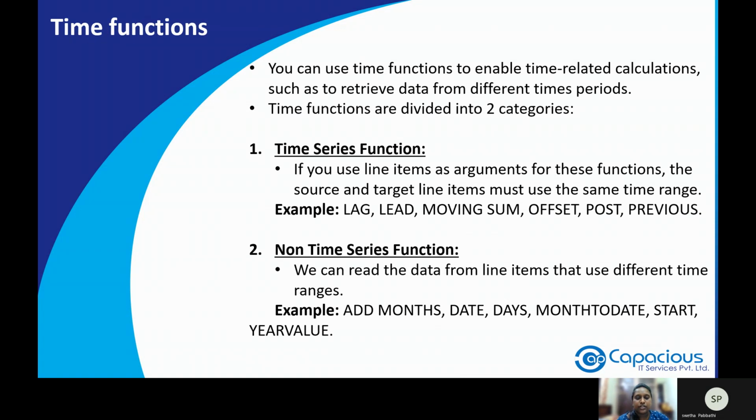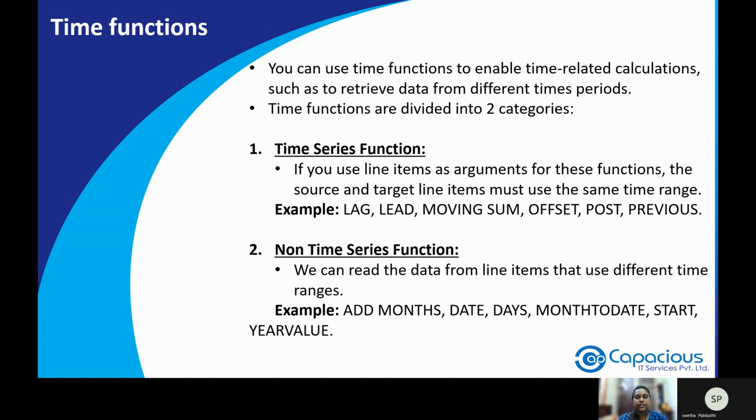Next is time function. These are the functions which we use for the formulas. This is the major thing that enables us to do time related calculations, where we can retrieve the data from different time periods. In this case, we have two different categories in the time functions: time series functions and non-time series functions.